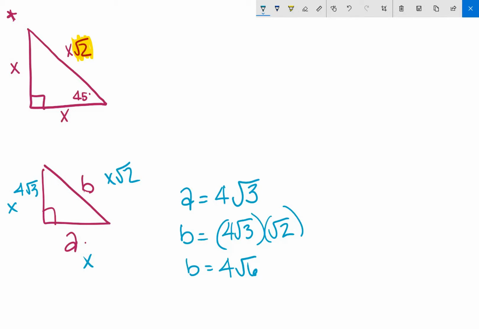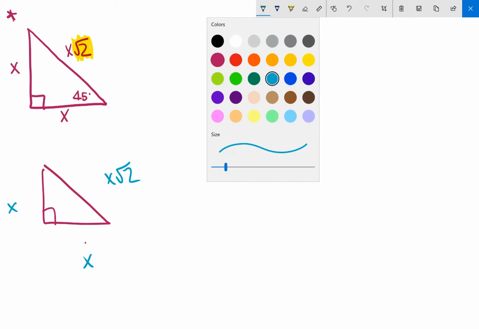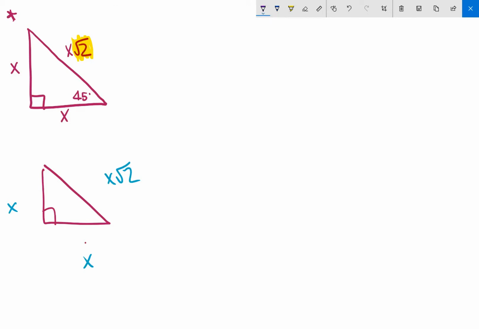Now, another variation to this is when instead of knowing a leg length, you know your hypotenuse. So let me get rid of some of this. Okay, so let's say that my hypotenuse is 4 square root of 2. Now for some of you, you can see it already.